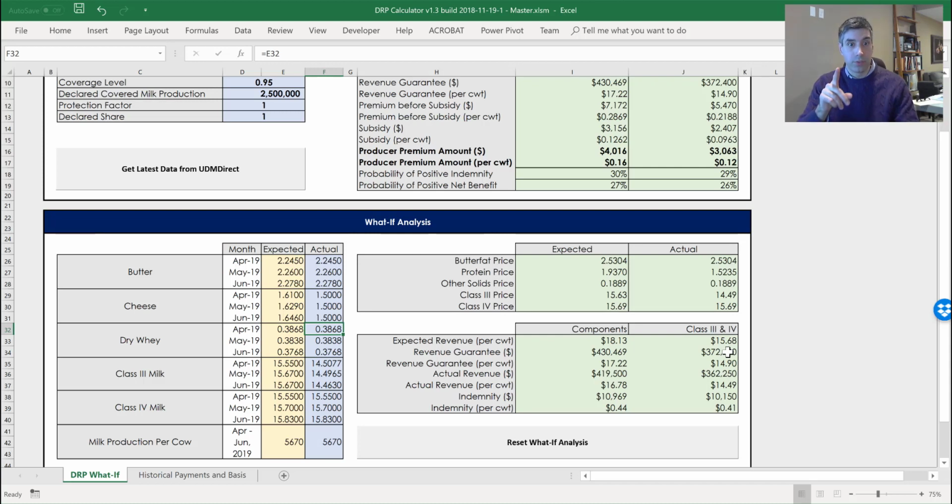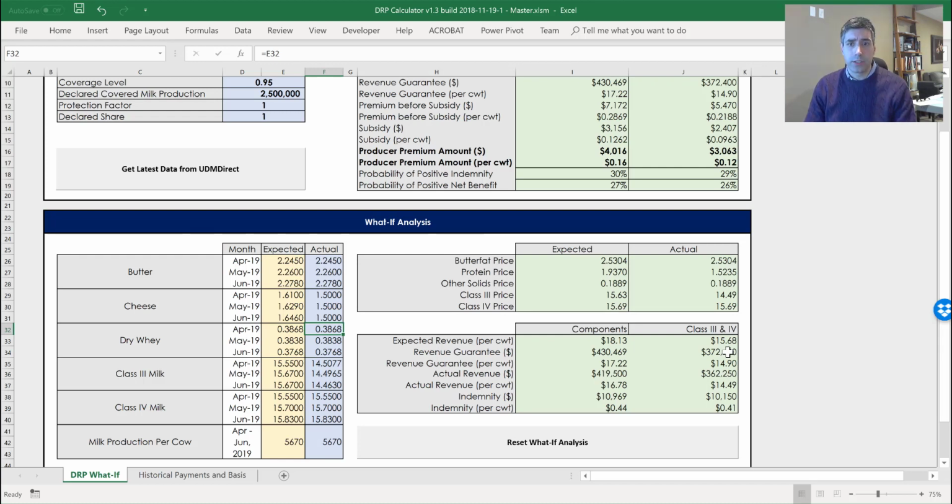In this case, I've dropped the price of cheese by 10 cents, and you can see that we are getting very similar indemnities under both of these alternative contracts. So be careful that you don't end up comparing apples and oranges if you're considering class policy versus components policy.